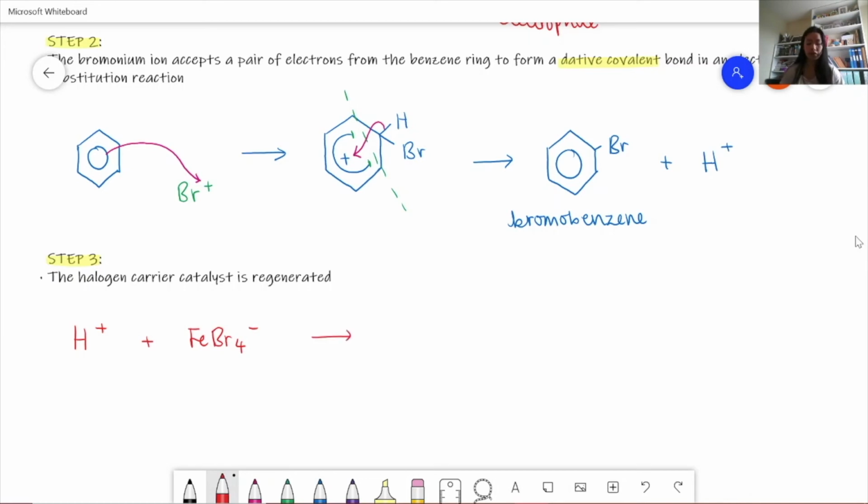And then what you can form is FeBr3 and also HBr. And so this here is a catalyst that we've regenerated. And also the reason why we call it a halogen carrier catalyst is because these catalysts contain halogens.